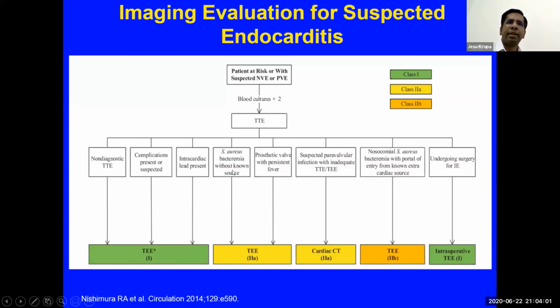So any prosthetic material, fever, any intracardiac lead, or if we are not able to get enough information from transthoracic echo, then we can do a TE. And we also saw how for paravalvular infection, cardiac CT is extremely useful.